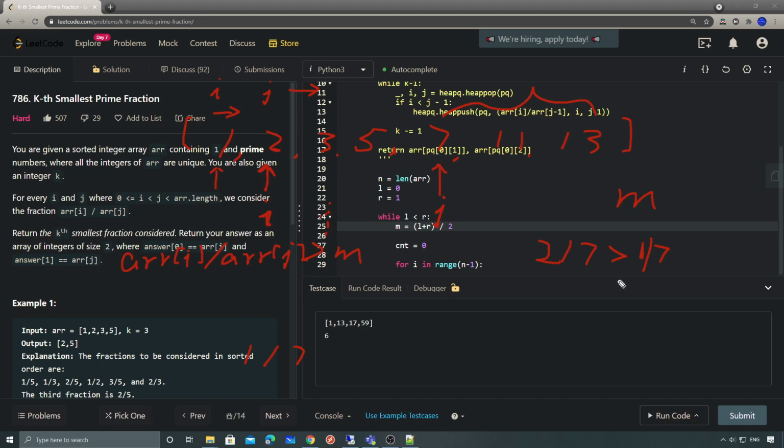So we can simply check if 2 divided by 7 is still smaller than M. If it's still smaller than M, then we know we have another 3 pairs whose fraction is smaller than M. Otherwise, we keep moving J forward to the right side.